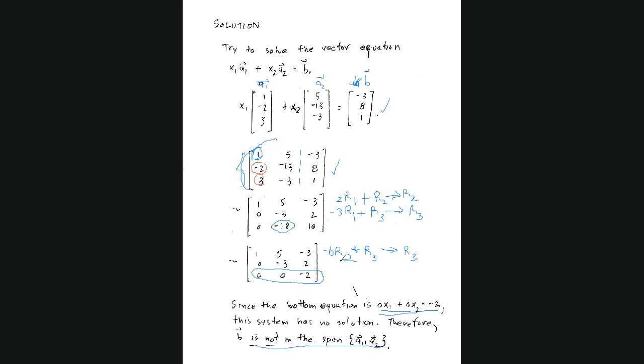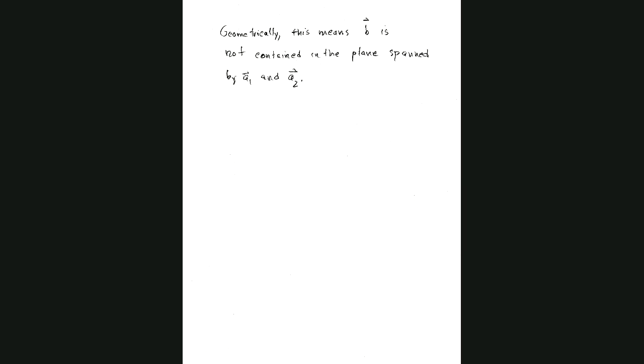Okay, I'm going to go to the next page, if that's all right. Everybody's good? All right. Geometrically, this means the vector B is not contained in the plane spanned by A1 and A2.